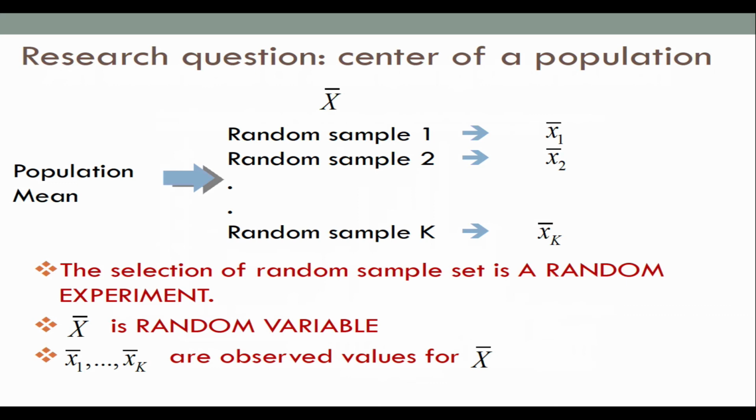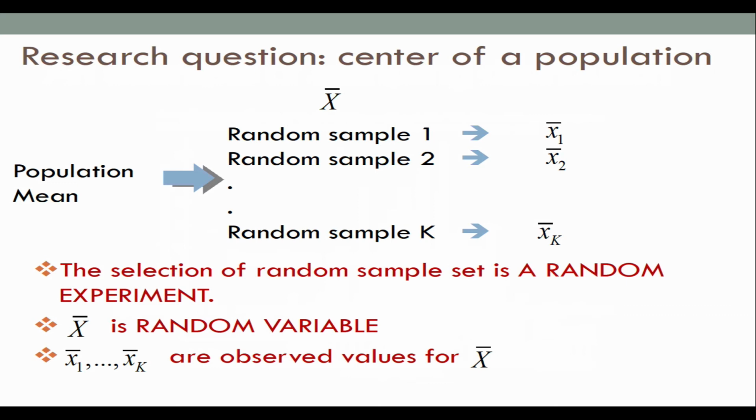Population mean, I'm using mu to denote the population mean. This capital X bar is just the random variable for the sample mean. Just like if I toss a die, then I'm using X to denote its face-up value. This X could be 1, 2, 3, 4, 5, 6. And I use capital X bar to denote the sample mean because once I draw a sample with size n, I calculate the sample mean of it.